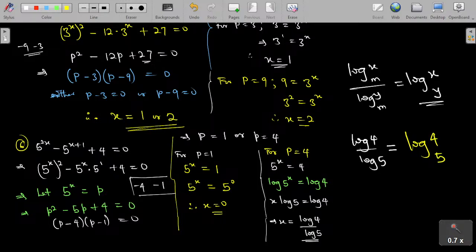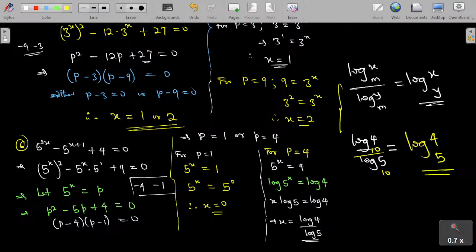The question is how? Whenever you are given a log without a base, we call it the common logarithm. So the base here is 10 and the base here is also 10. That means it satisfies this condition. The bases are the same, and so you pick your 4 as the number and the 5 as the base of the single log.